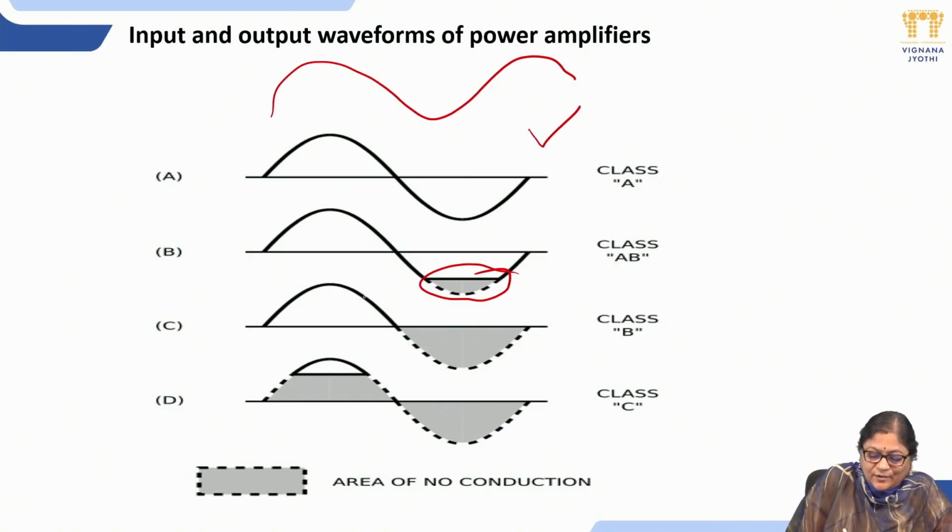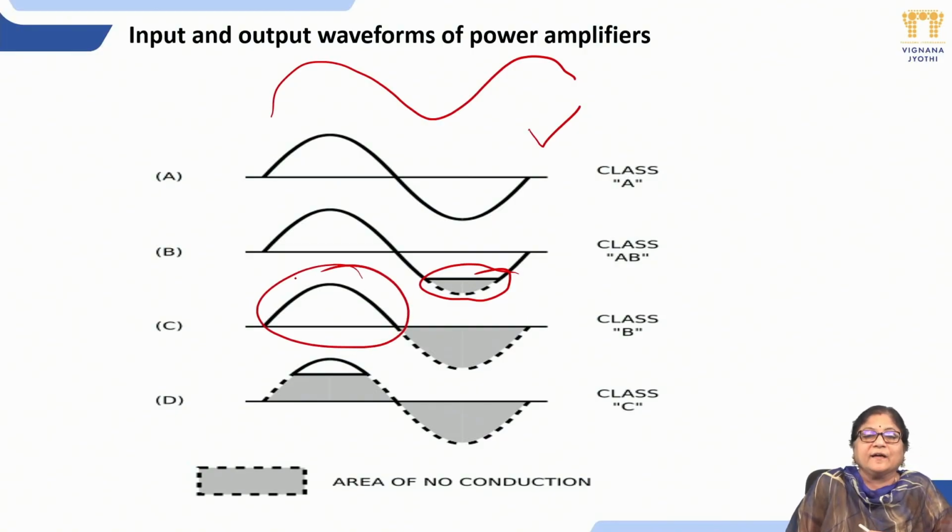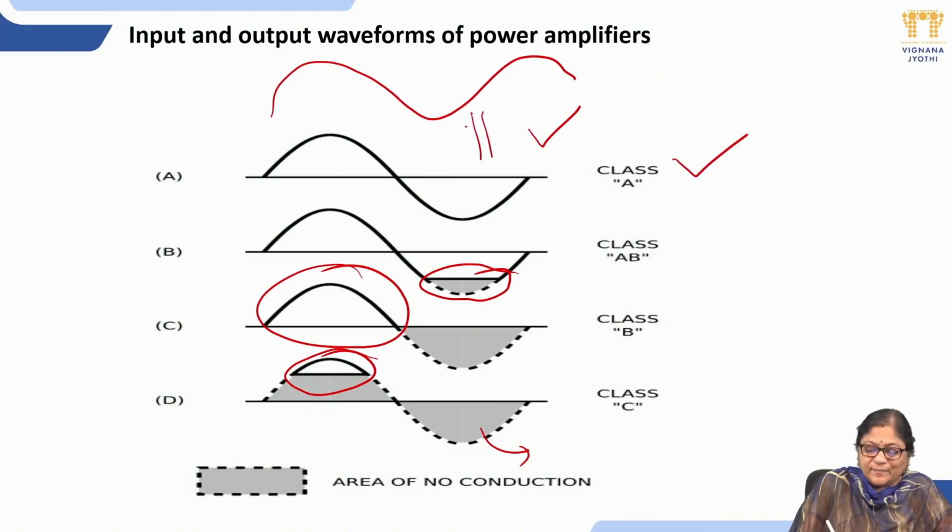For class C, only this portion is going to appear at the output. Only a small amount of power, and all the remaining shaded area is not going to appear. So it is the non-conduction area. So only in class A, input and output resemble each other, and in all other cases, the output and input are not going to be the same.